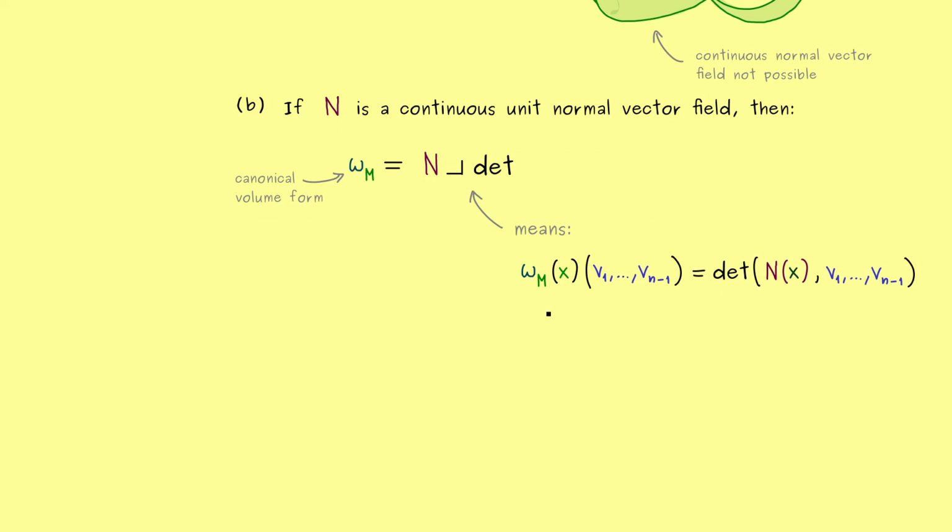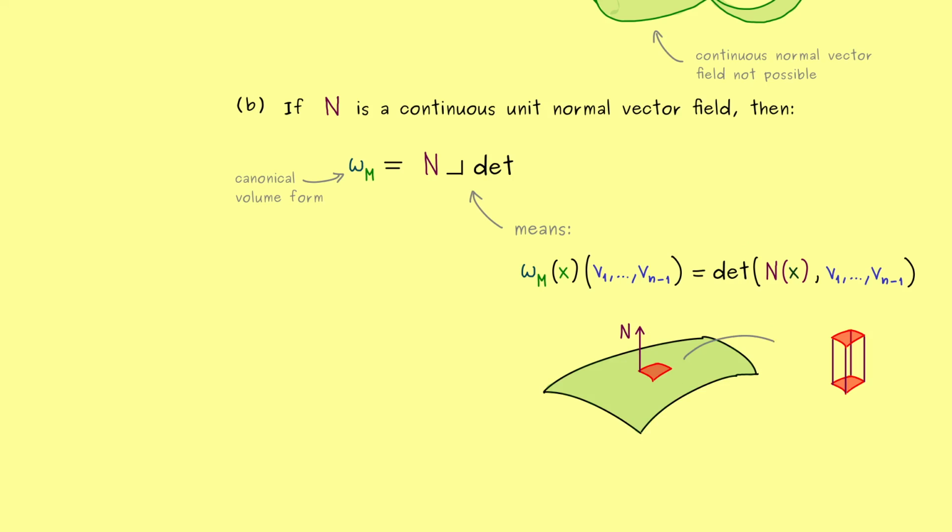Okay, so now this formula is really interesting because it means we can calculate our volume form on the manifold by using the higher dimensional volume form. And in fact, this is not so hard to visualize. Just imagine a two-dimensional manifold in R3. And now the volume form on M is about calculating areas on M. And now we can use the normal vector here, which has length 1, to transform this area into a three-dimensional volume.